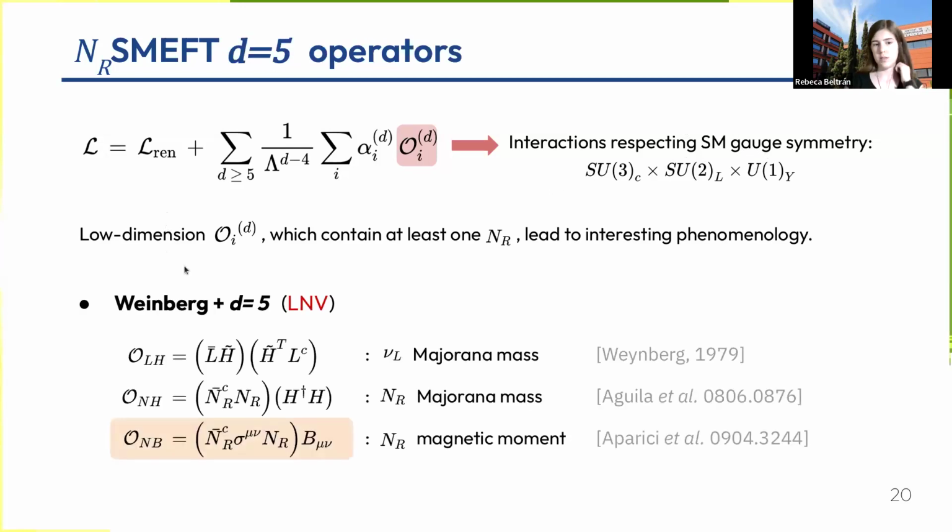Let's start with dimension 5. The first operator is actually from pure SMEFT. This gives a contribution to the Majorana mass for the left-handed neutrino. The second operator contributes to the Majorana mass term for the right-handed neutrino. And the last one generates a magnetic moment for the right-handed neutrino. We will discuss this third operator later as well.